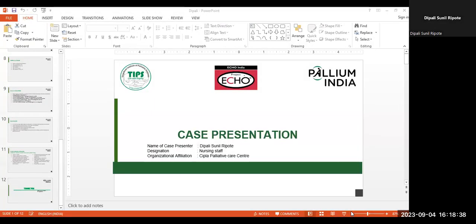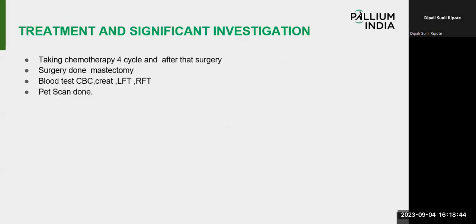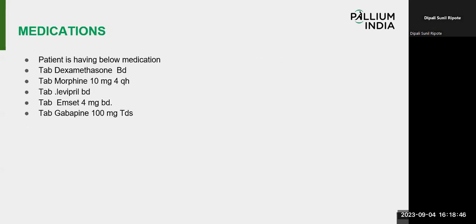She has lots of pain because of the lymphedema. Then we give 10 mg morphine, and sometimes we give a breakthrough dose.